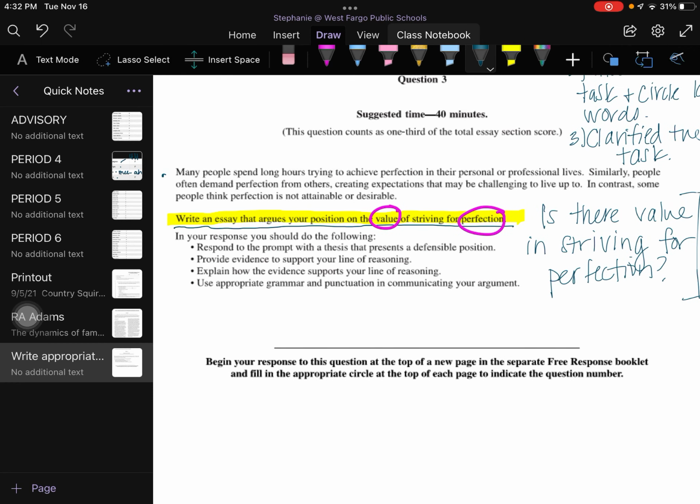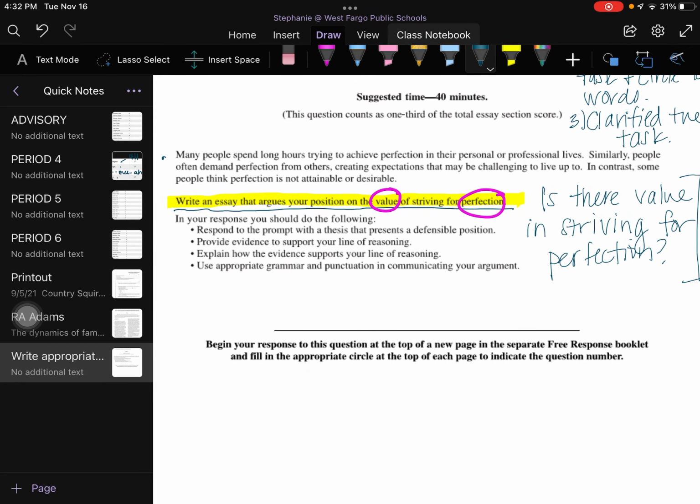My stance, I'm going to word it simply. It's my thesis and where my thinking is going, but for right now, it's just a rough draft. I'm going to say striving for perfection, I was going to say is beneficial, but I want to use the language of the task.